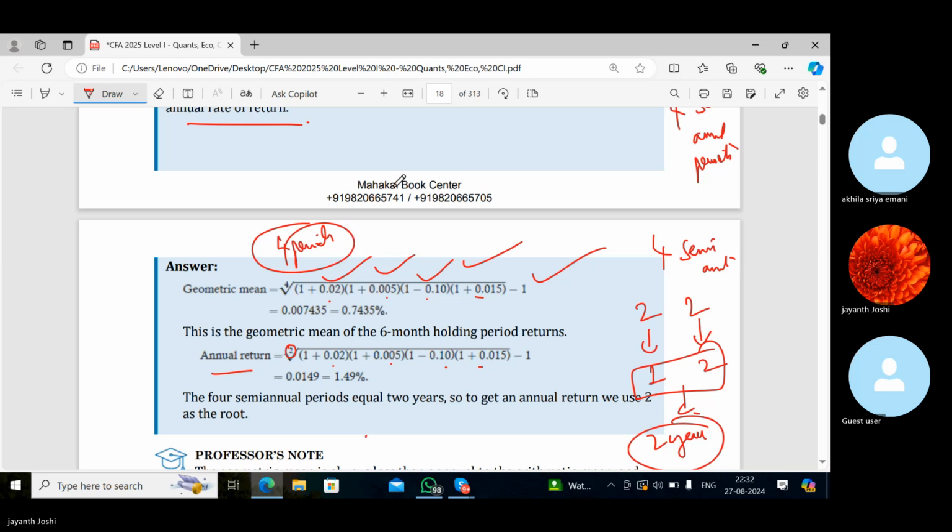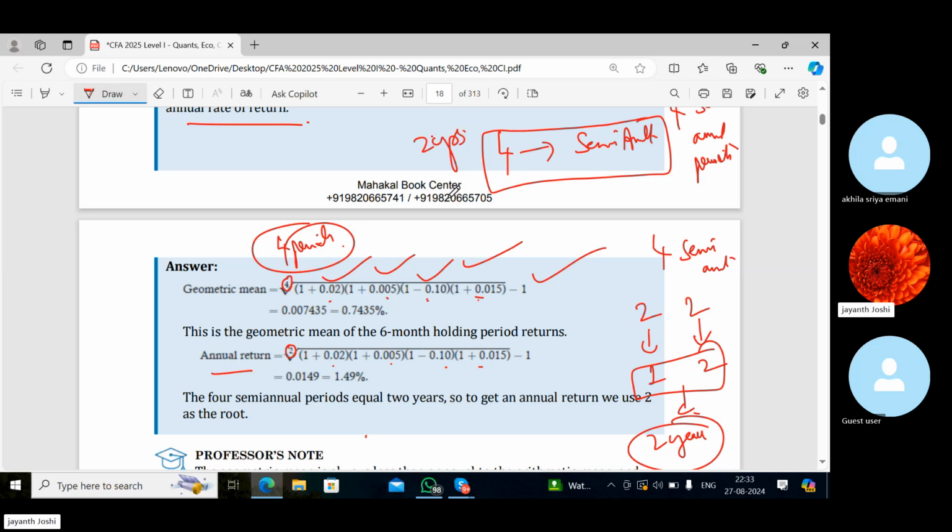Geometric mean is nothing but you take all the 4 periods, because you want to capture the compounding. It captures the compounding frequency very properly. So the power is 4 if it is semi-annual over 2 years, since 2 years has 4 semi-annual periods.